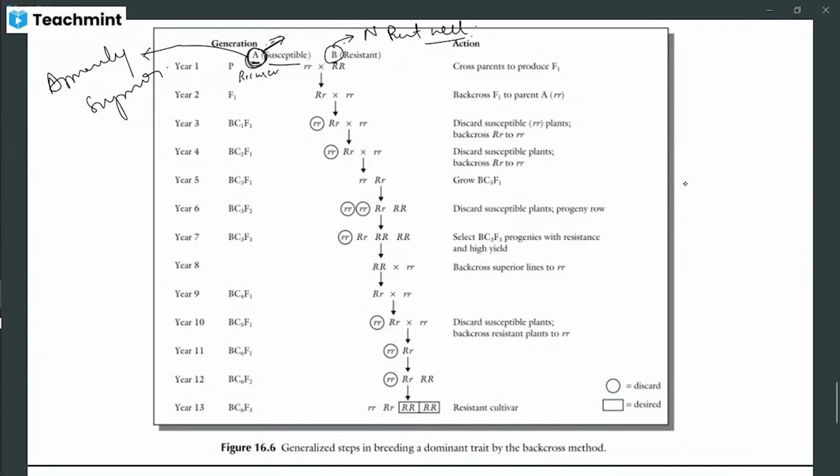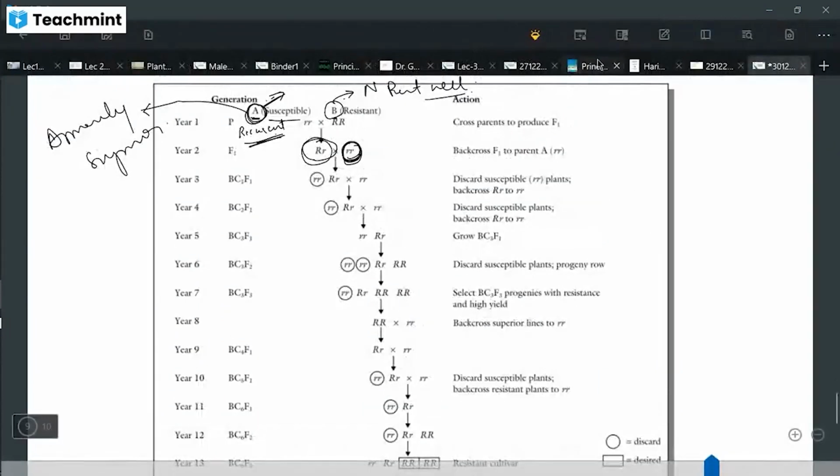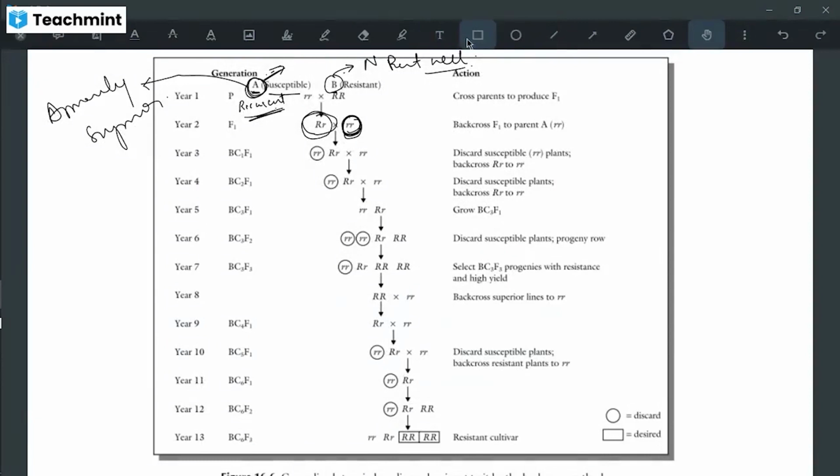Recipient as well as recurrent, right? Yes, sir. Okay. You will cross A with B to develop an F1, which will be heterozygous, and then you will again cross with the recurrent parent. How many types of genotypes can you produce by crossing the F1 with your recurrent parent? Two. Just a minute.